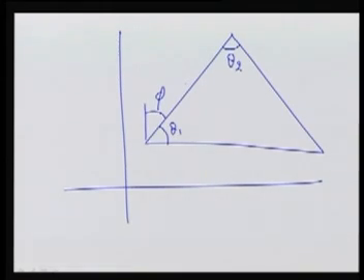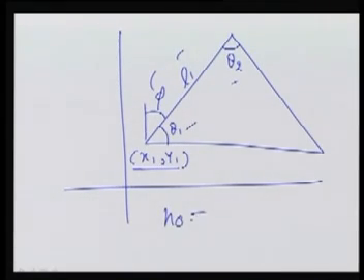I observe the length L1. What we have done so far? So far we have fixed the size of the triangle and the orientation of the triangle, but still the location of the triangle is not fixed. To fix the location, we also observe x1 and y1. So these are again 6: x1, y1, theta 1, theta 2, phi and L1. Again n naught is equal to 6.